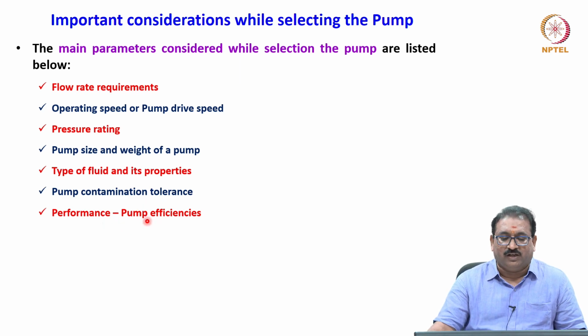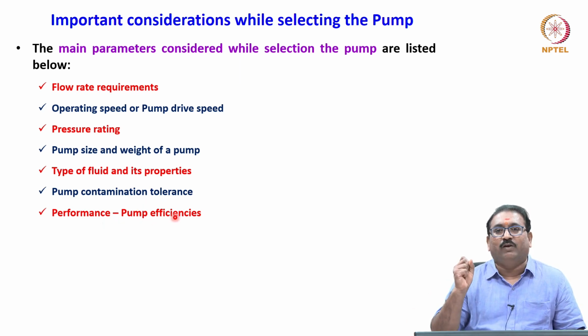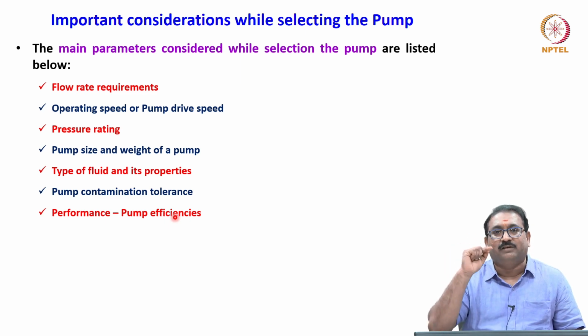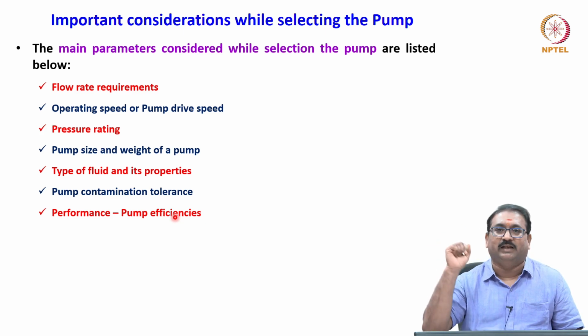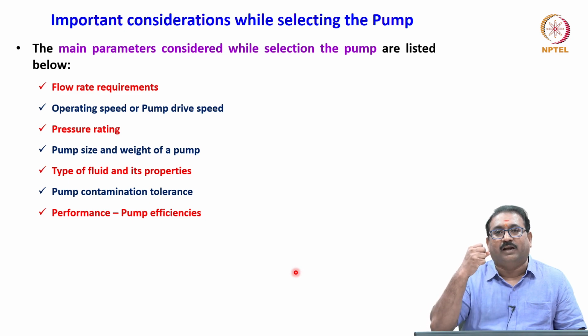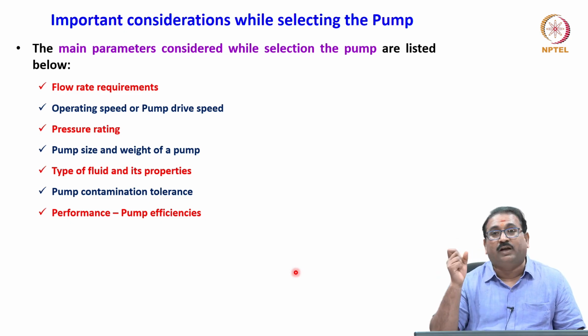performance, meaning efficiency characteristics, because when you buy the pump, the volumetric efficiency, mechanical efficiency and overall efficiency are given for each pump. They are run at different speeds and different testing conditions in the laboratory. You have to see that. Because what we are deriving here is only based on geometrical relationships, but actually the values are different.